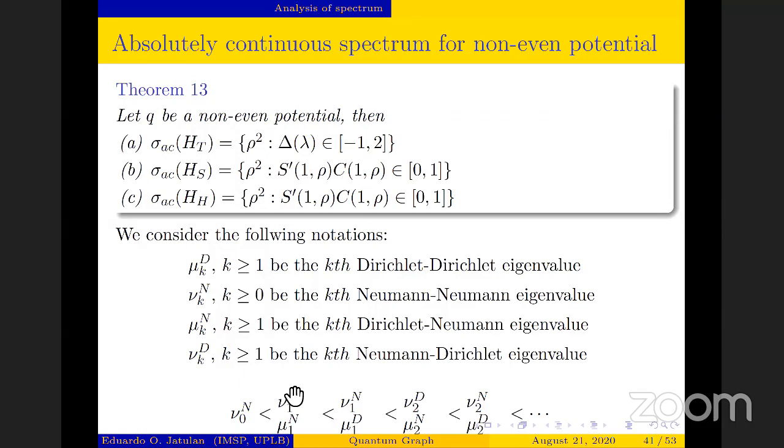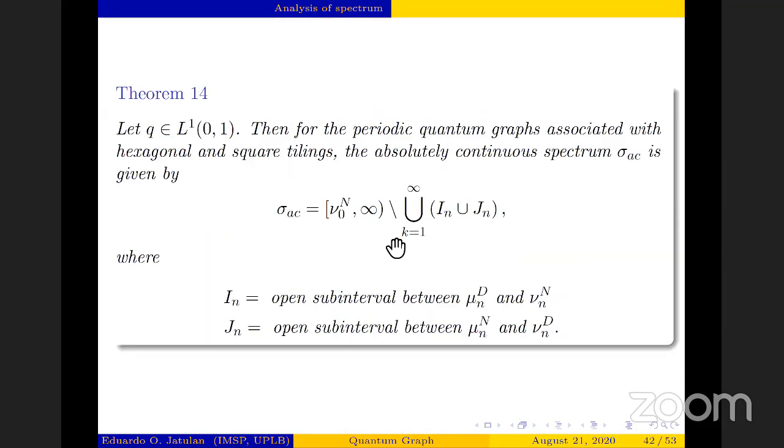And we have the following inequalities, the relationship of these eigenvalues. And we actually characterize this, that if Q is in this space, then for the periodic quantum graph associated with the hexagonal and square tiling, the absolutely continuous spectrum is actually given by this.